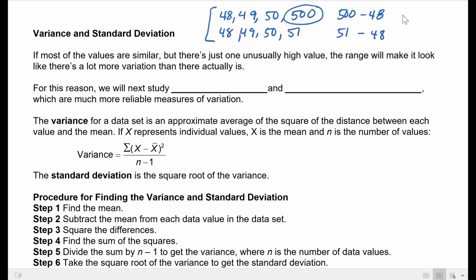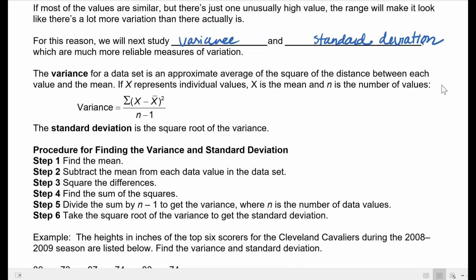So the first range is 452, and the second is 3. We have two lists of numbers that are pretty similar, but this high value, this outlier, really throws the range off. For this reason, we're going to study variance and standard deviation to gain another couple of statistics that we can use to describe the data.